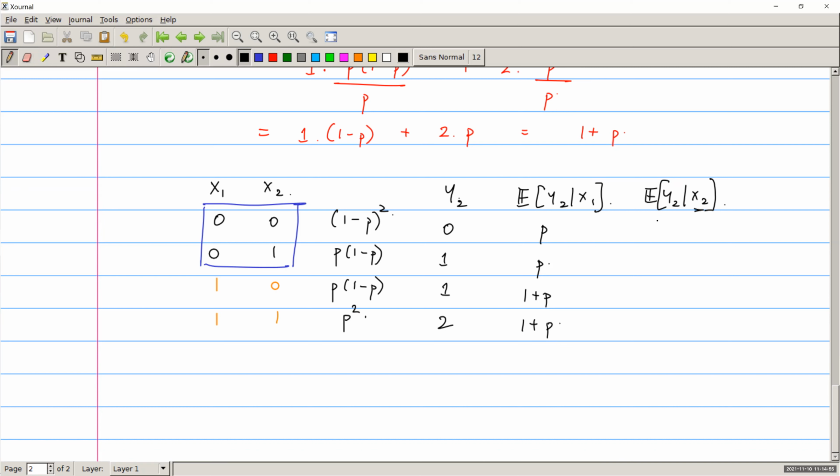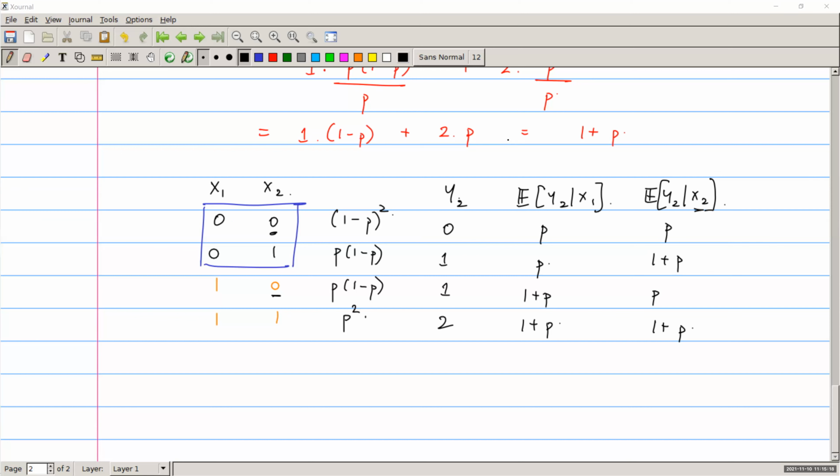So here x2 is 0 here and here, so these two outcomes get the value p, and x2 is 1 here and here, so these two get 1 plus p. So that's right, Stephen.